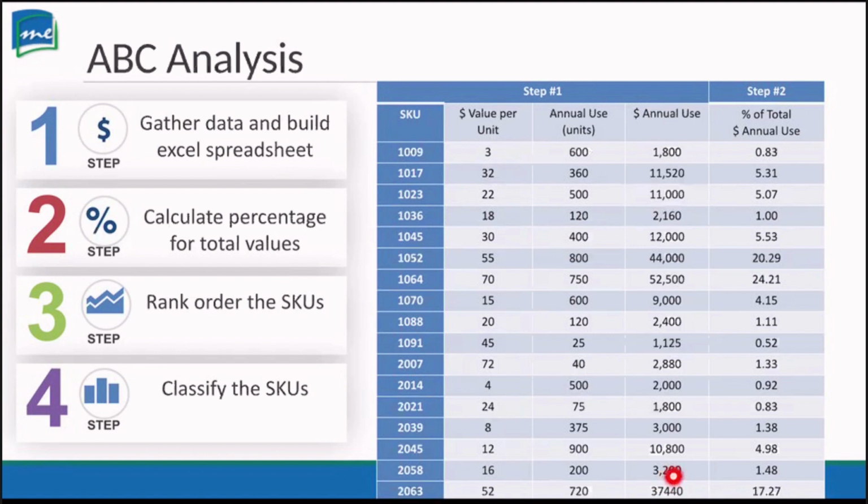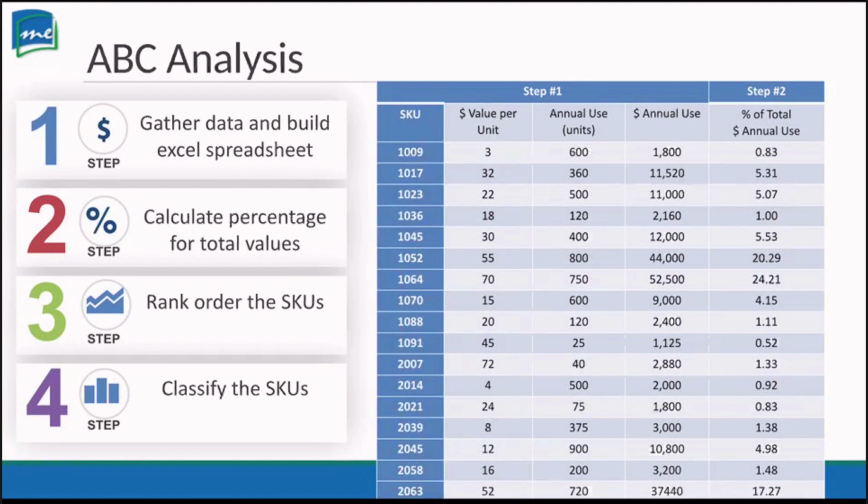Then you divide the dollar usage for a SKU by the total dollar usage, and you will have a percentage of the total value. So 0.83 here is the percentage SKU 1009 takes up of the total value you have for inventories. So you can calculate the percentage for each SKU you have.